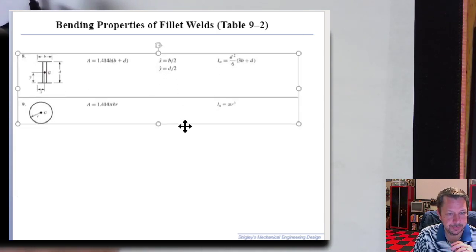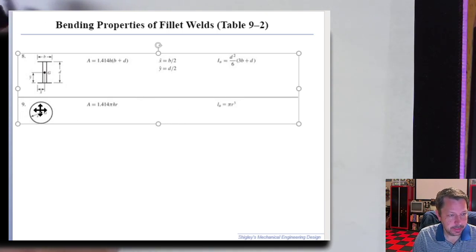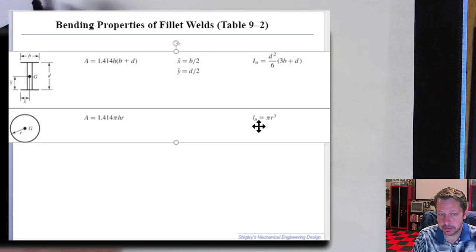let's just look at I. For a circle, it gives you the total weld area, and it gives you pi r cubed for the unit moment of inertia.